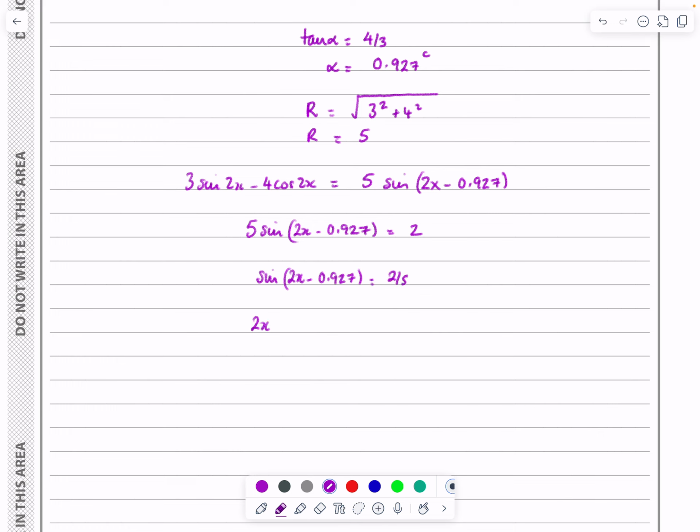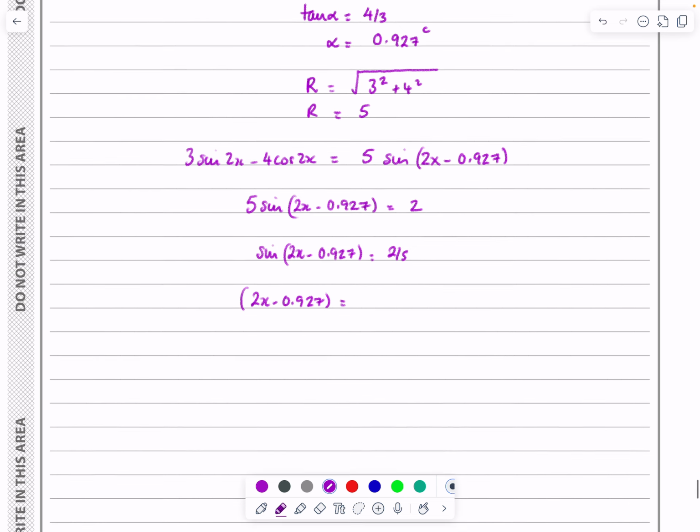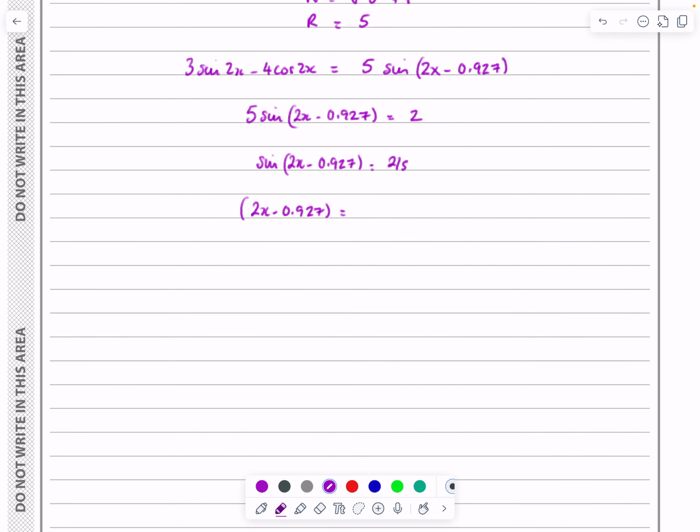And so 2x minus 0.927 is going to be a range of values here. I'll tell you what they are and then we'll talk about where they come from. It's going to be 0.412, it's going to be 2.730, it's going to be 6.695. Let's quickly tell where they came from.